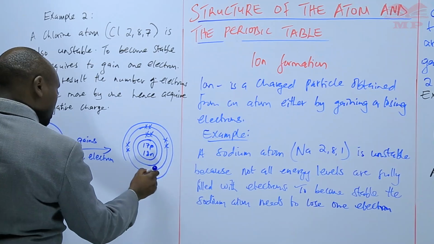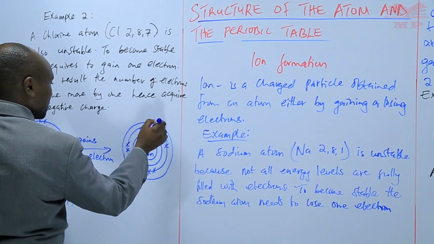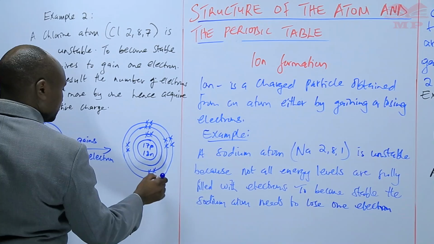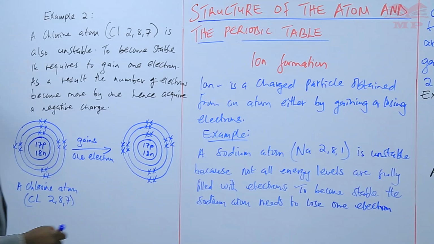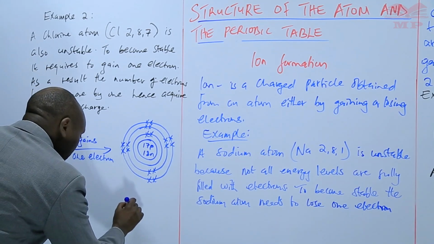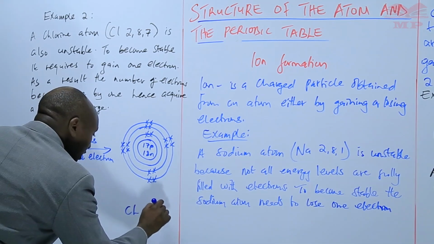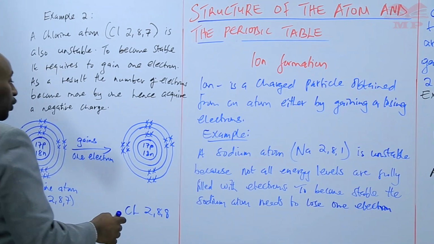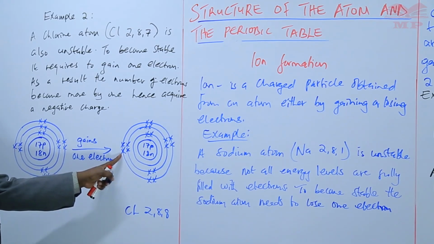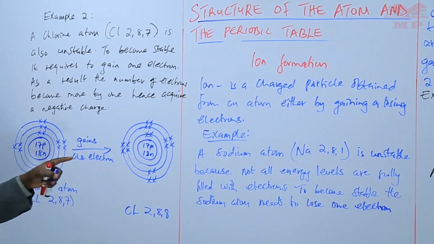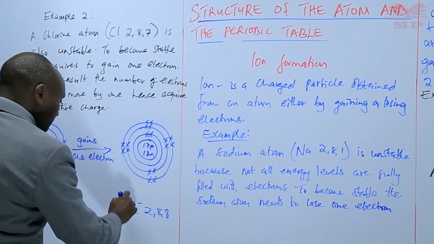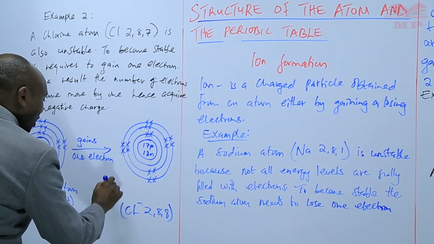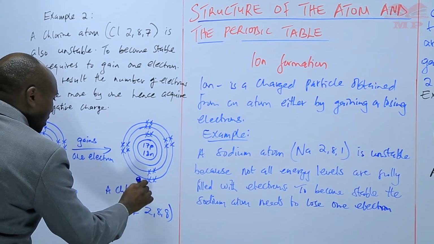Second energy level also remains the same. But the third energy level gains an extra electron. So now this one will be Cl 2,8,8. And because there is 1 extra electron that has been gained and it is negatively charged, the particle becomes negatively charged. And we refer to it as a chloride ion.